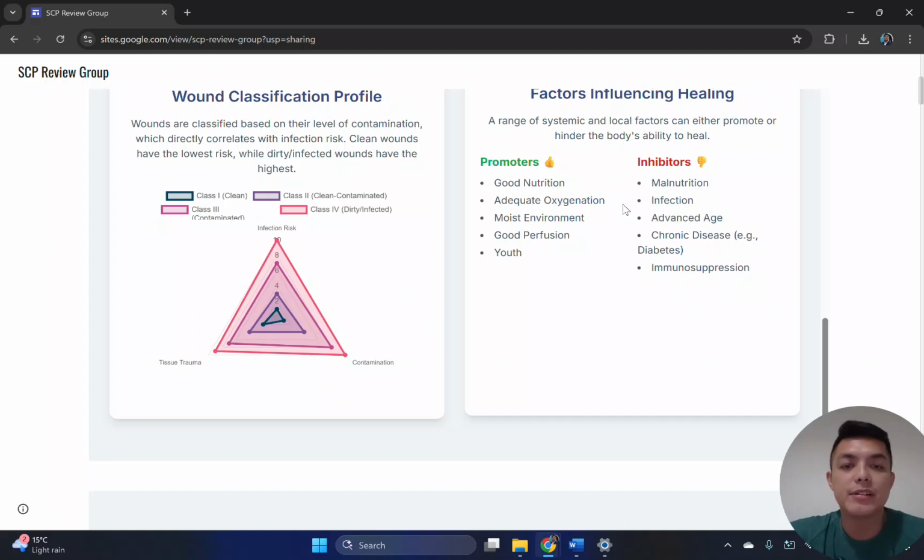Inhibitors: malnutrition, infection, advanced age, chronic disease such as diabetes or some vascular pathologies. Next is immunosuppression. Some patients have ongoing immunosuppression therapy, or they're on steroids.